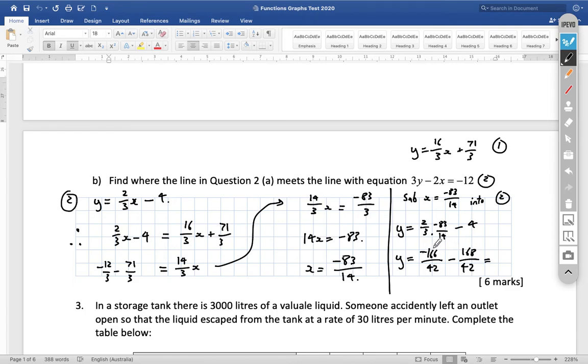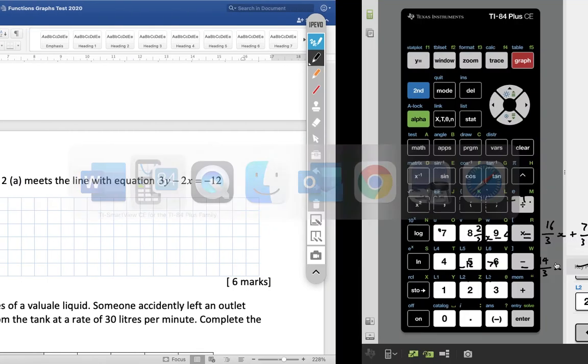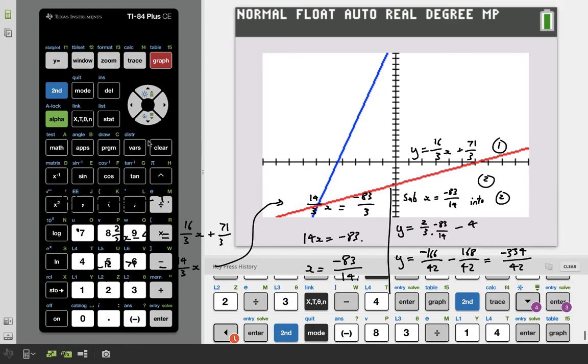I'd get minus 334 on 42, this can be simplified. Minus 334 on 42. I reckon this is all calculator time, this stuff.